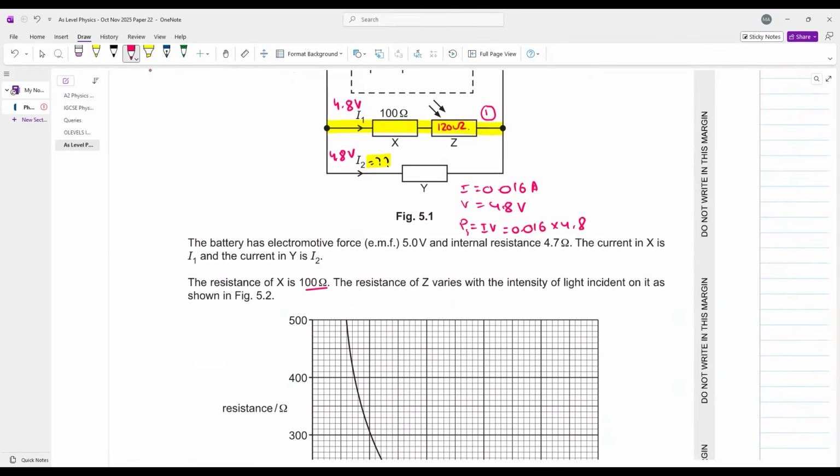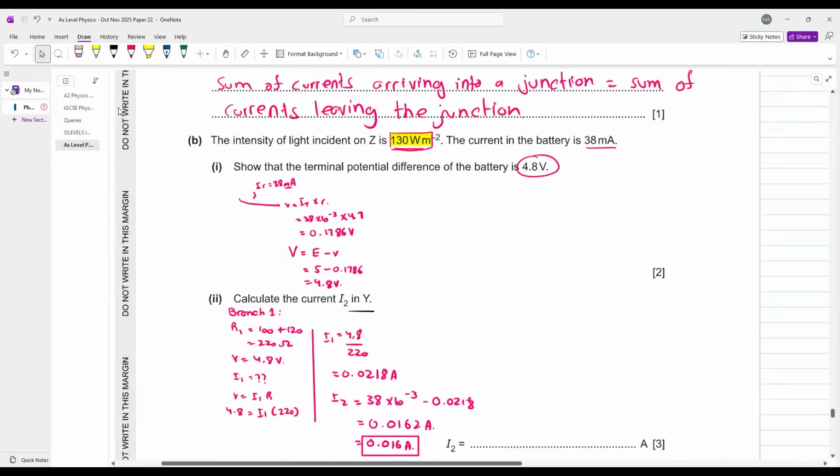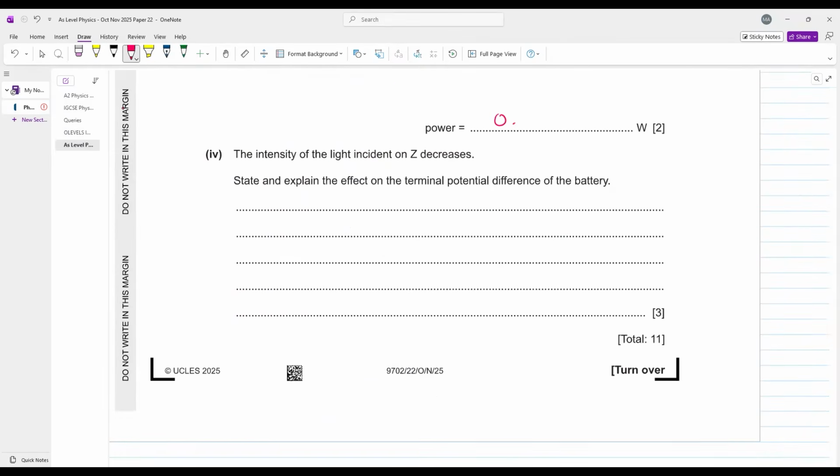Voltage is 4.8. 0.016 into 4.8. This comes out to be 0.0768, which is your answer. Let's write this down: 0.0768. Simple, easy, nothing complicated here.